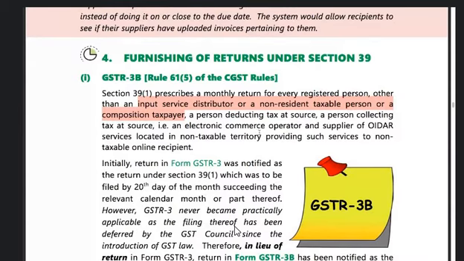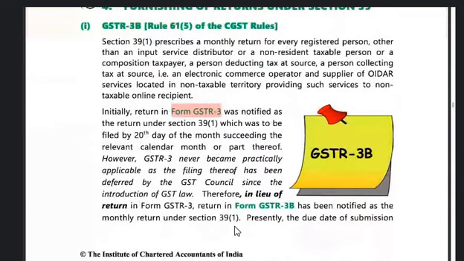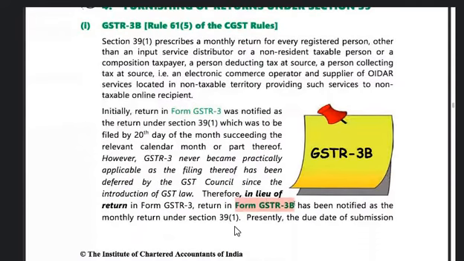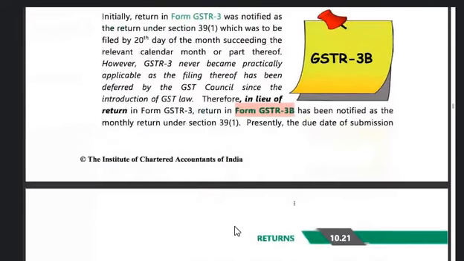Initially, when GST was introduced, the form was GSTR 3, but the form never came into applicability due to the impractical position of the form. So instead of GSTR 3, they introduced the GSTR 3B form, and that is the main important form to file the return.